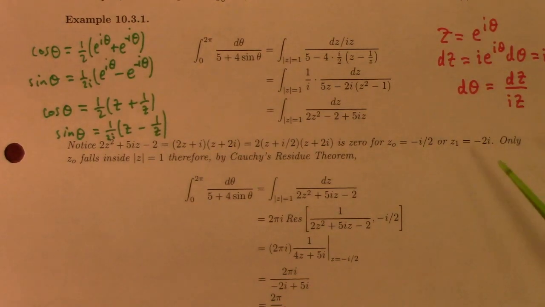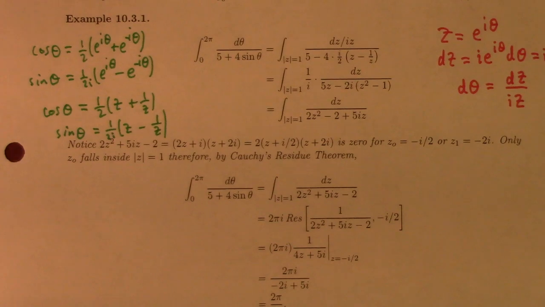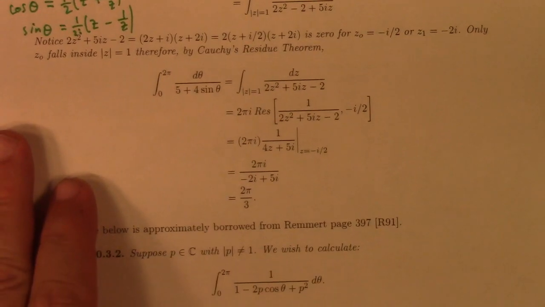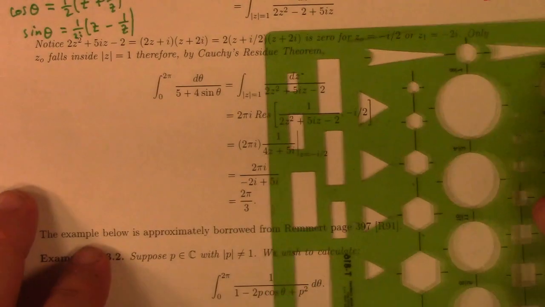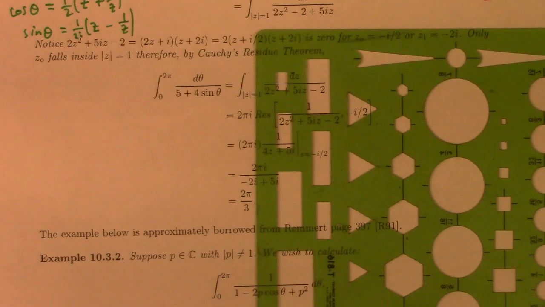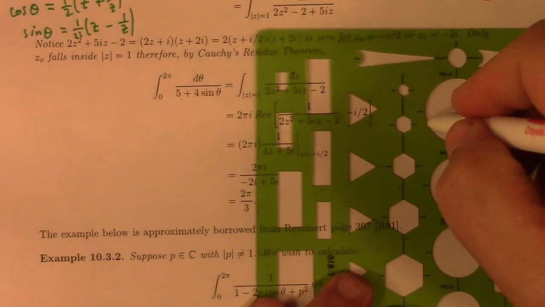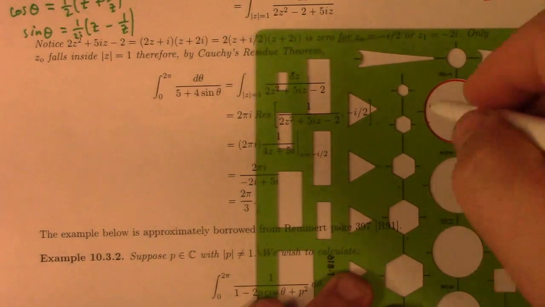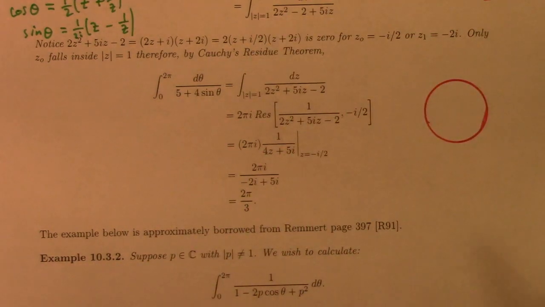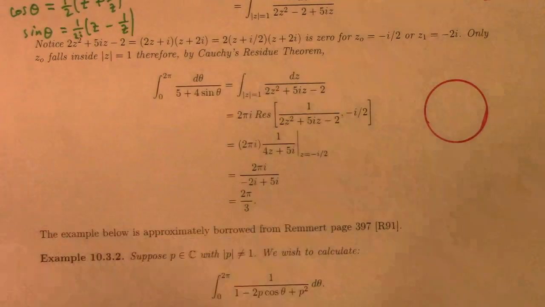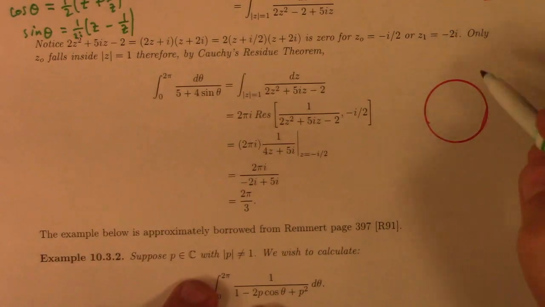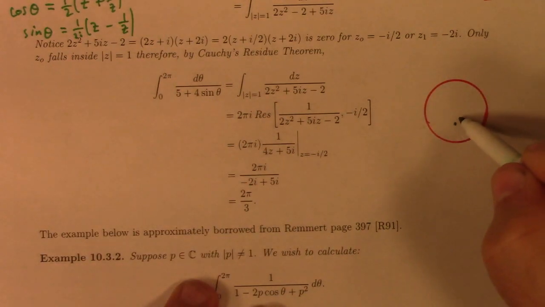And let's see here. So if you look at minus i over 2 and 2i, and you think about the context here, right? Well, context says only one of those matters because we're in the unit circle, right? And so for the unit circle, here, minus i over 2 is maybe here, right?